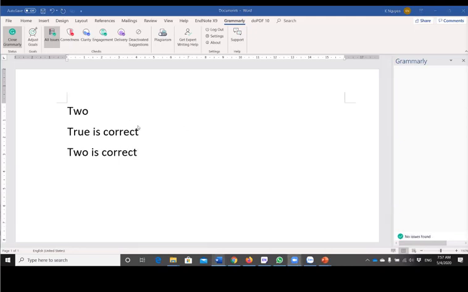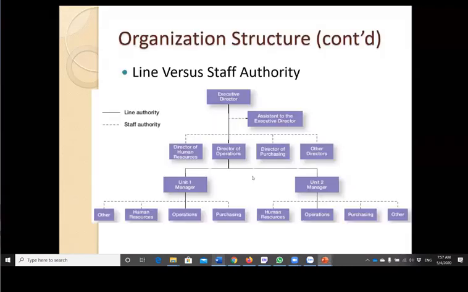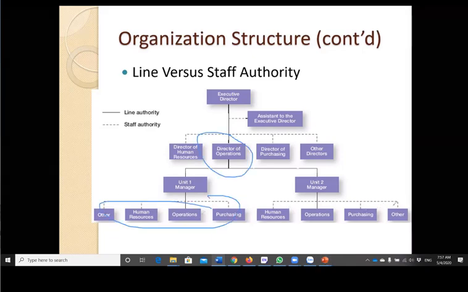Because there are two departments under that operation, and this director of operation cannot work directly with the people under here. If they work directly, it will violate the unity of command. So they can only work directly with these two people.